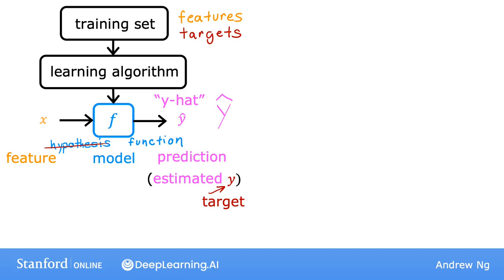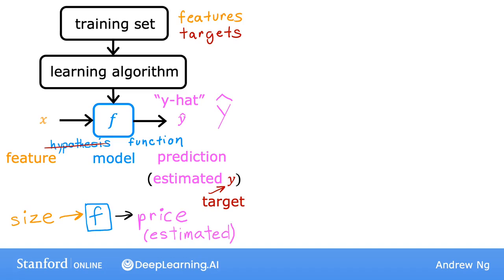In contrast, y hat is an estimate. It may or may not be the actual true value. Well, if you're helping your client to sell their house, the true price of the house is unknown until they sell it. So your model f, given the size, outputs a price which is the estimated, that is the prediction of what the true price will be.